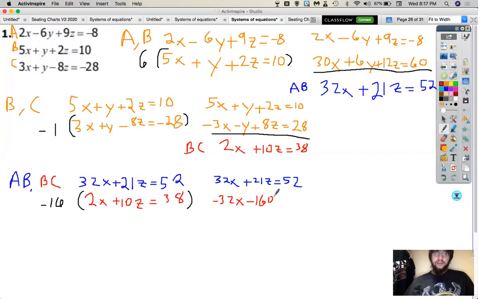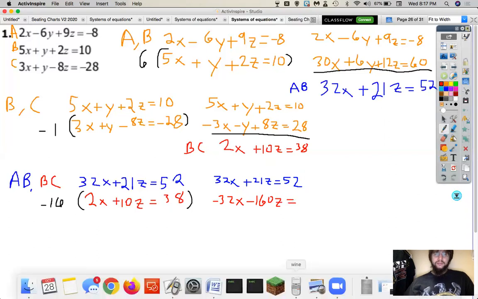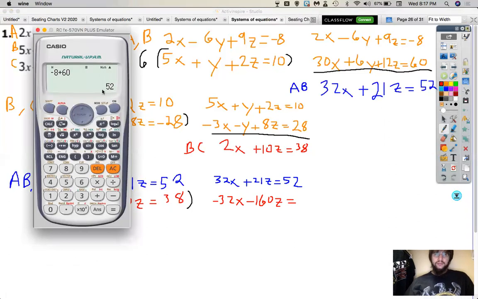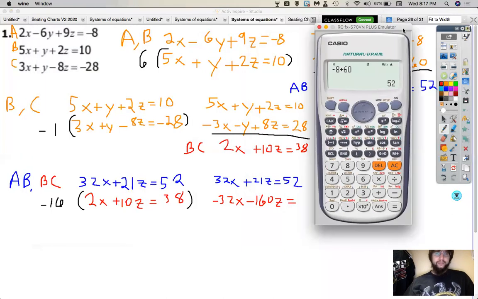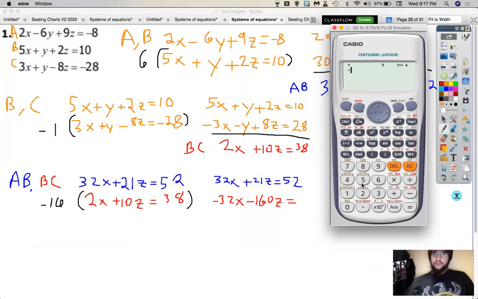Definitely using a calculator on this next one. Negative 16 times 38 equals negative 608.